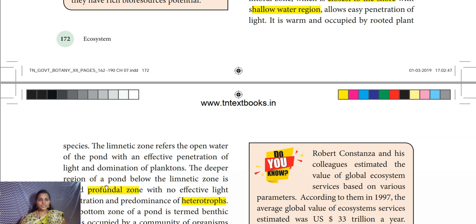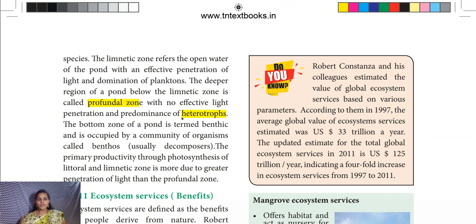So the deeper region of a pond below the limnetic zone is called the profundal zone, with no effective light penetration and a predominance of heterotrophs. Once sunlight reaches a zone, food is produced by the plants. If there is none, the heterotrophs depend on other living organisms for food, so heterotrophs are more numerous in the profundal zone.